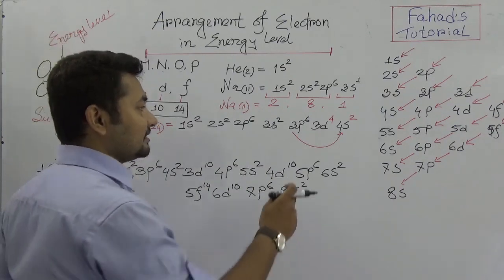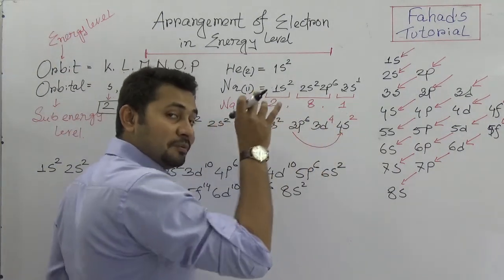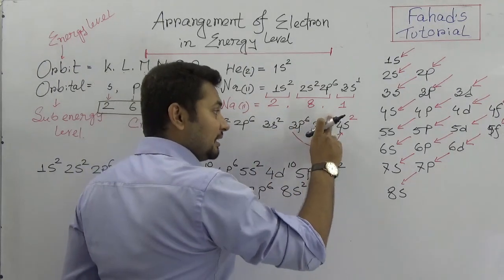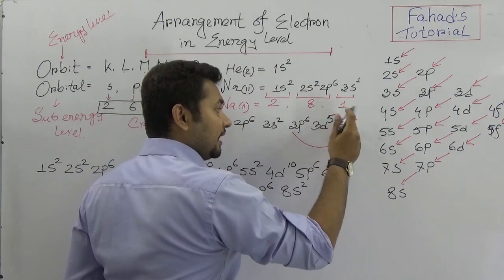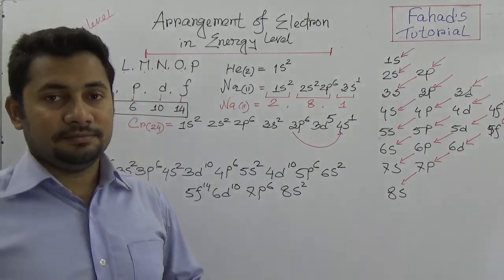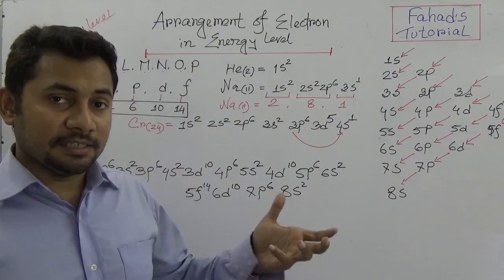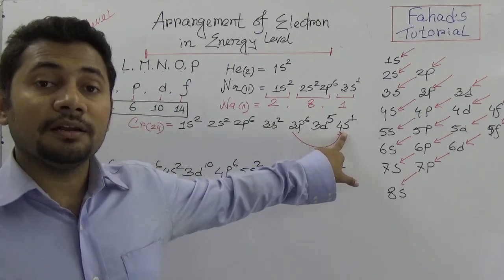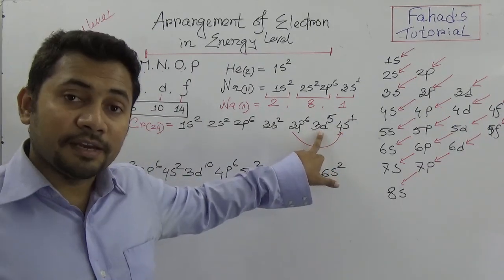Why? Because we know that 4s would be the first priority, but if there is 5 and 1, it is more stable, and for that stability 4s would be 1 and 3d would be 5.